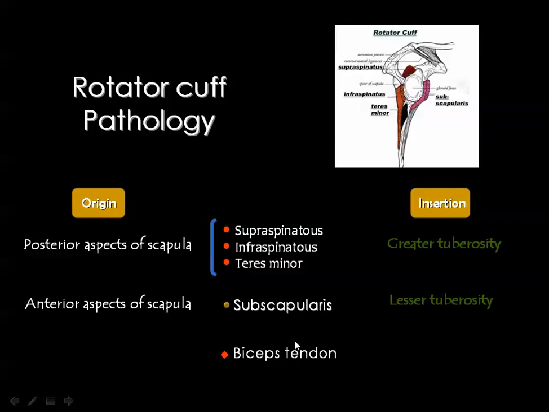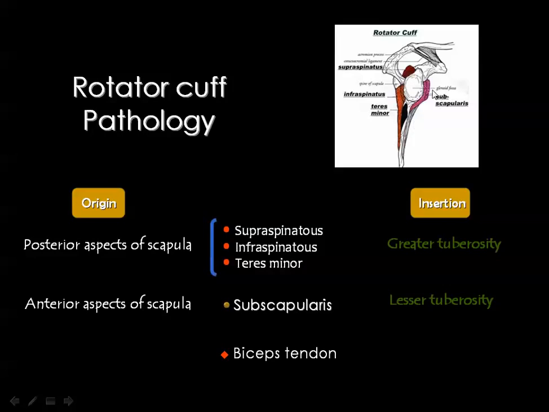Then you know that the rotator cuff is formed of four muscles, which are the supraspinatus, infraspinatus, and teres minor, located along the posterior aspect of the scapula, and these muscles insert into the greater tuberosity.